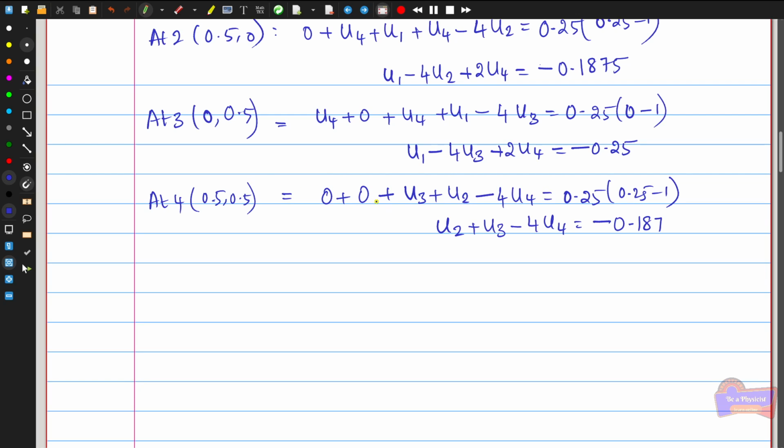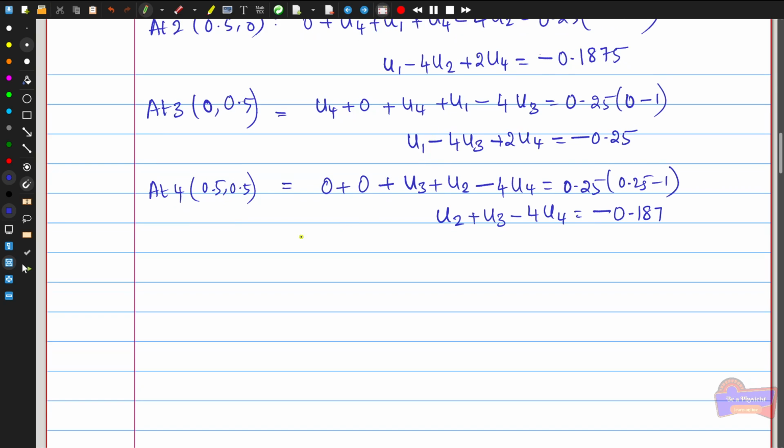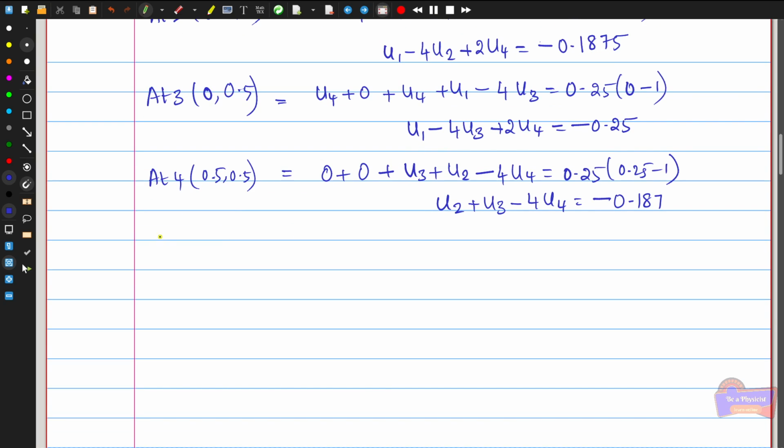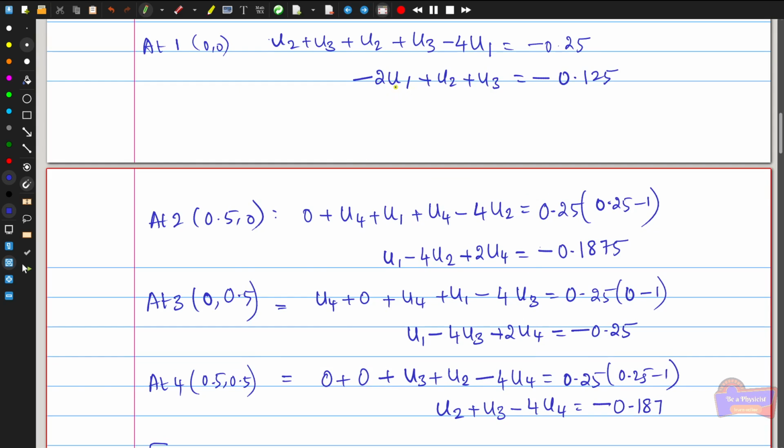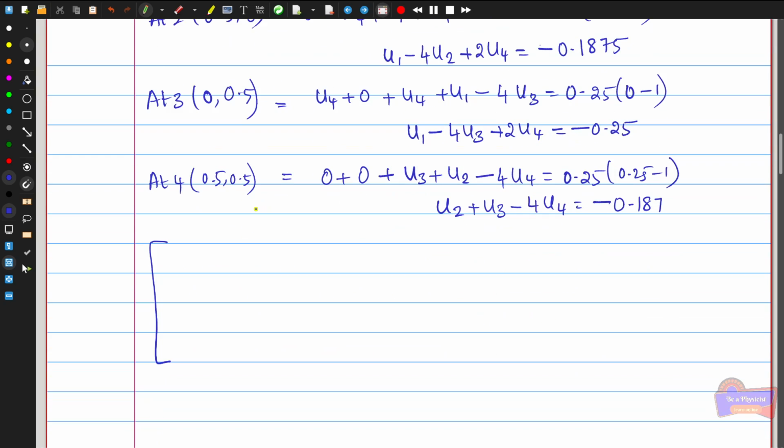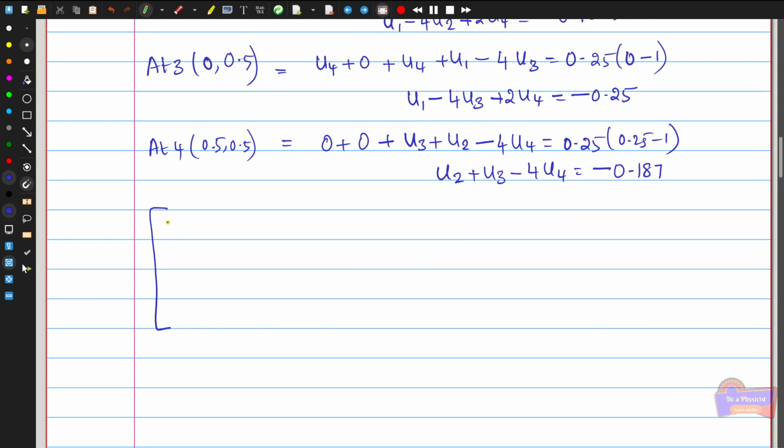Or you can write these equations in matrix form so that you can solve them using the Gaussian elimination method. First, writing it as a 4 by 4 matrix, for the first equation I collect the coefficients of u1, u2, u3 and u4 with the right hand side values, which can be written as minus 2, 1, 1, 0.